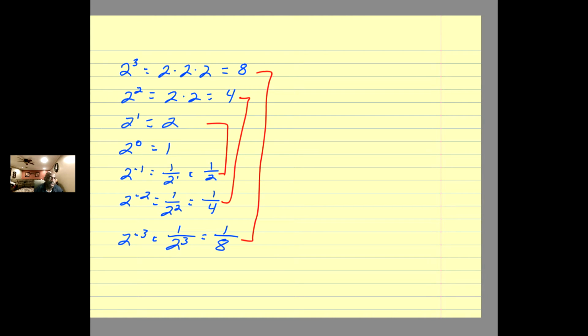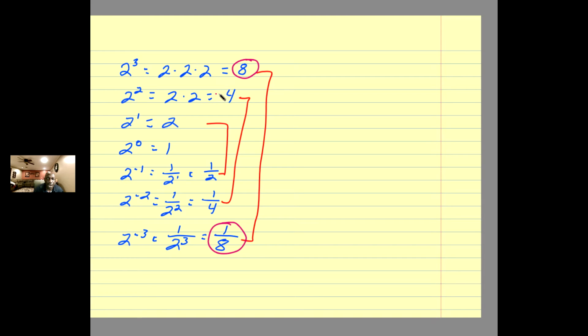There's a pattern there, so let's take a closer look. 2 to the third power is 8. 2 to the negative third power is 1 over 8. They are reciprocals of each other.